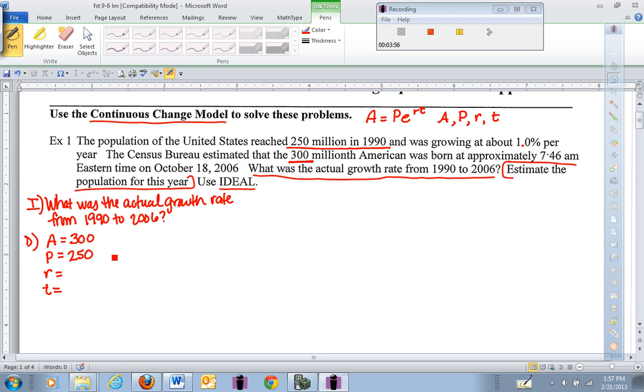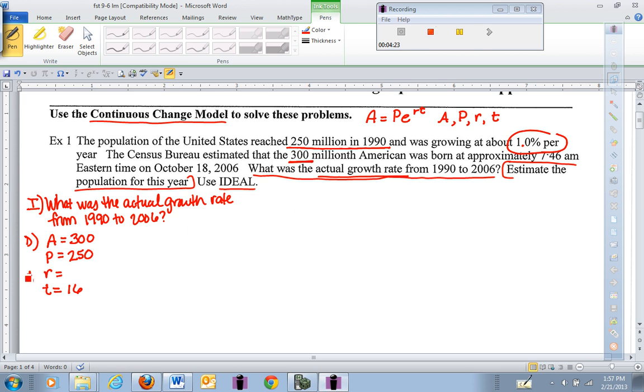So if I added all those extra zeros on there, I'd wind up canceling them out anyway. Okay, and the amount of time that has elapsed from 1990 to 2006 should be 16 years. Now you might think you already know the rate, and you might want to use this, but they want to know the actual growth rate.